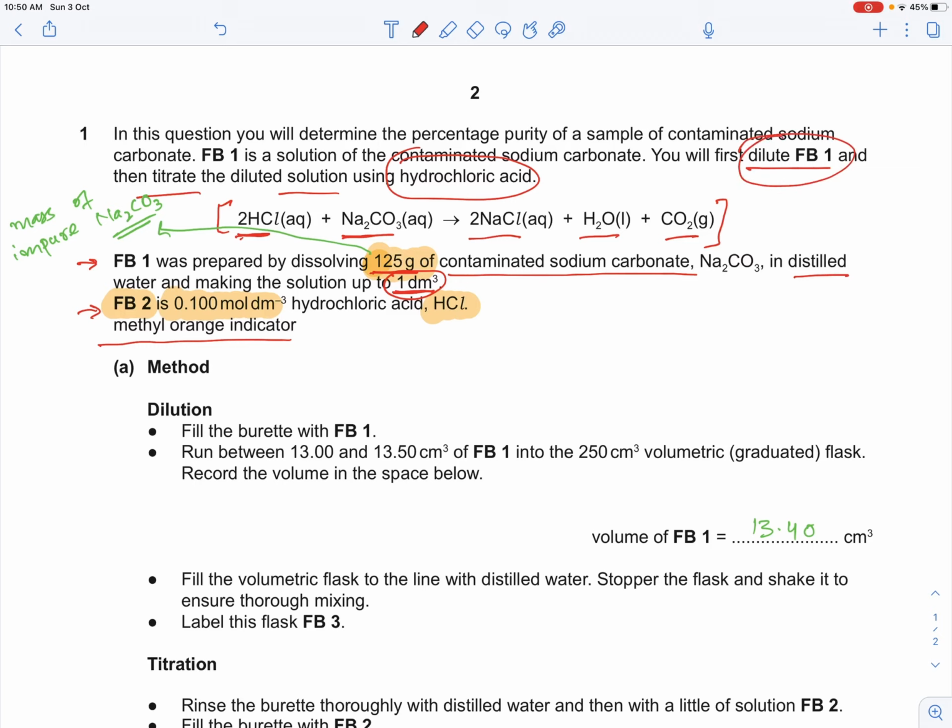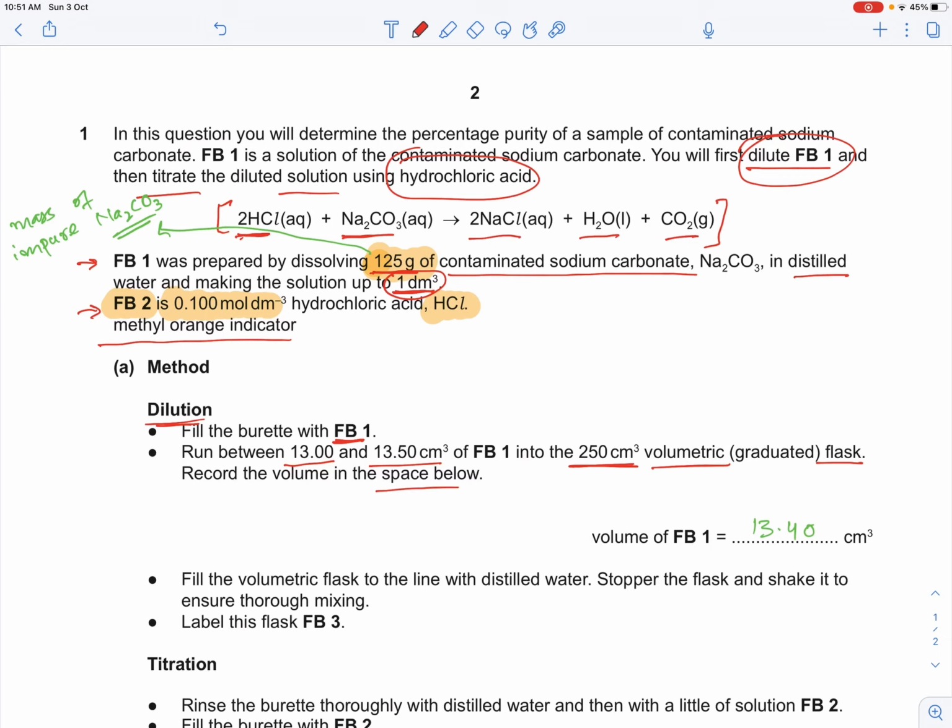As they have already told us in the question, first we have to dilute the Fb1. So the method starts with dilution. Fill the burette with Fb1, which is contaminated sodium carbonate. Run between 13 and 13.5 cm cube of Fb1 into the 250 cm cube volumetric flask, because we are making the diluted solution, and record the volume in the space below.